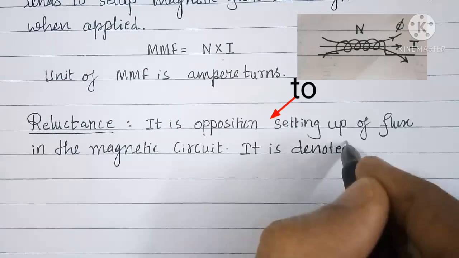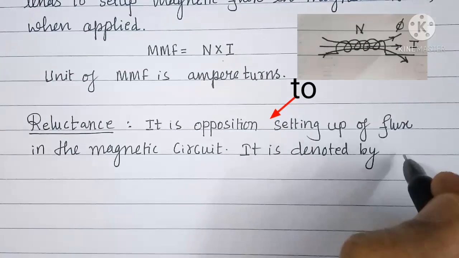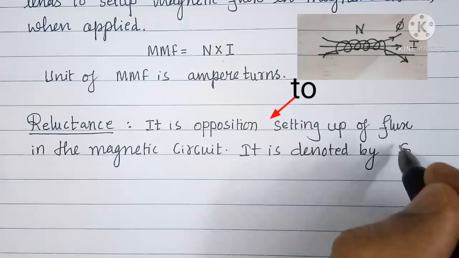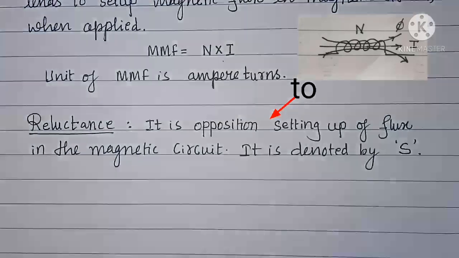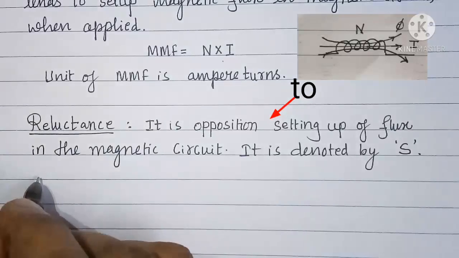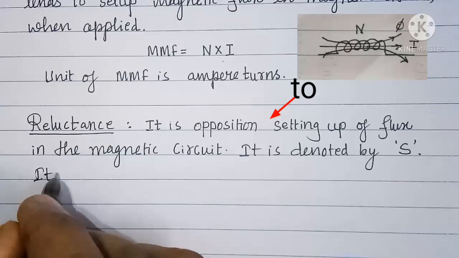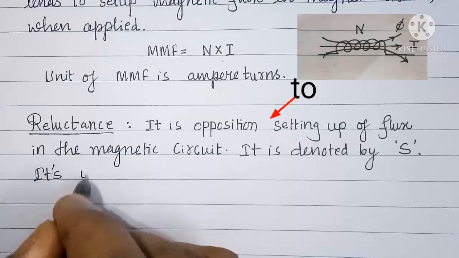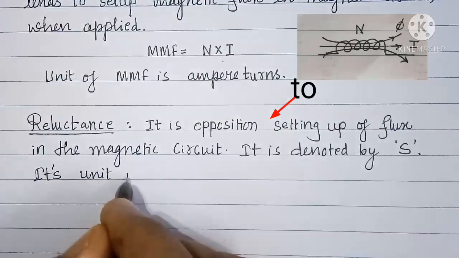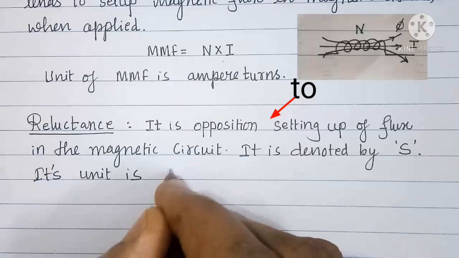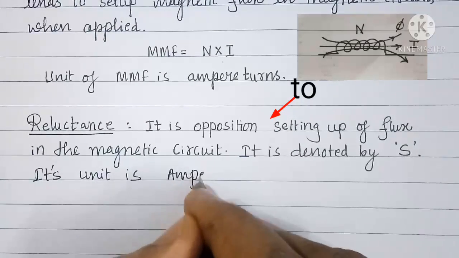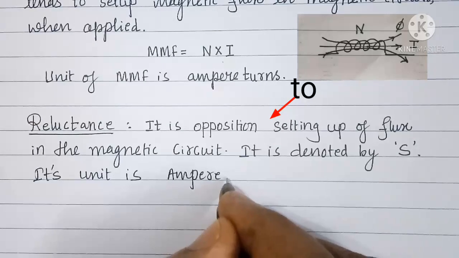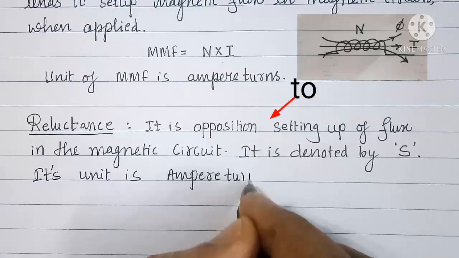It is denoted by capital letter S. Its unit is ampere turn per Weber.